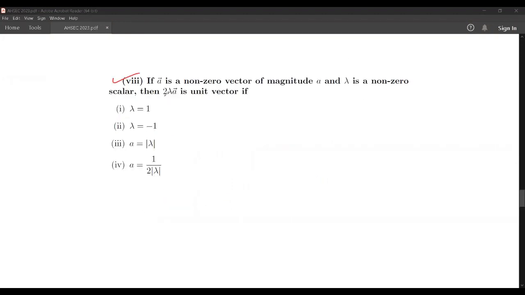In this question, it is given that 2 lambda a vector is a unit vector. So if this is a unit vector, then we know its magnitude is 1. So if I separate, this will be 2 lambda times this, which is equal to 1.